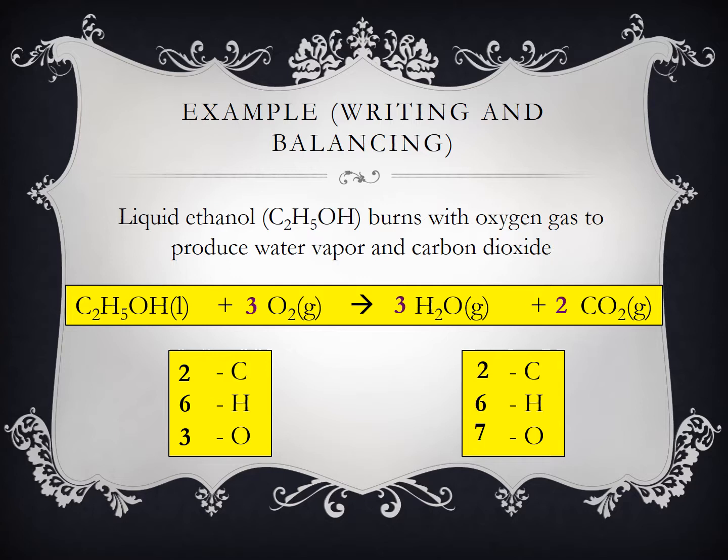So that means 1 plus whatever needs to get 7. So 1 plus 6 gives us 7. And we have a balanced reaction. Everything is the same. 2 carbons, 6 hydrogens, and 7 oxygens. Done.